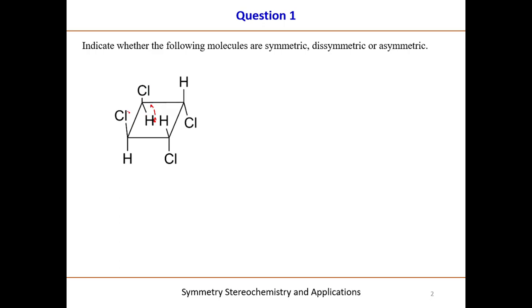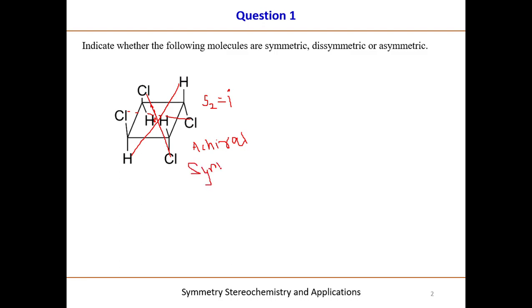Here also, this is the center of inversion, right? That means an S2 axis is present, since i is equal to S2. I hope all of you know this. So an Sn axis is present, which means this molecule is achiral and symmetric.